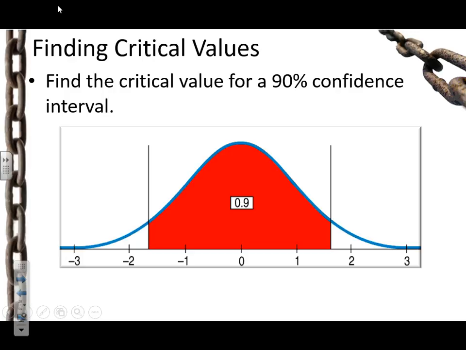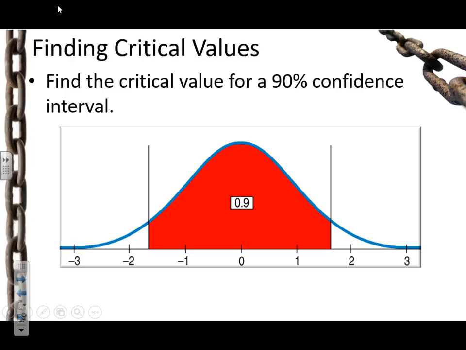Okay? So, if we think about that, what we're going to do here is determine what the z-score is, that z star. And we're going to do it based off of the area under the curve.